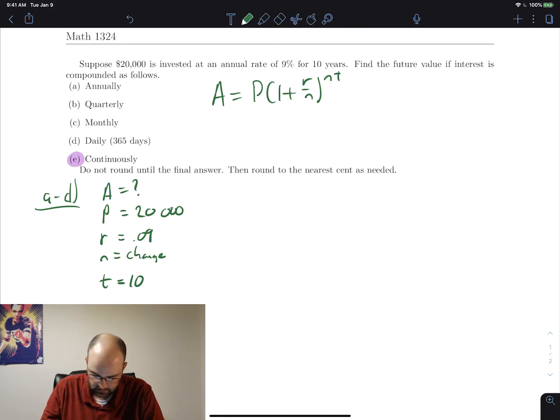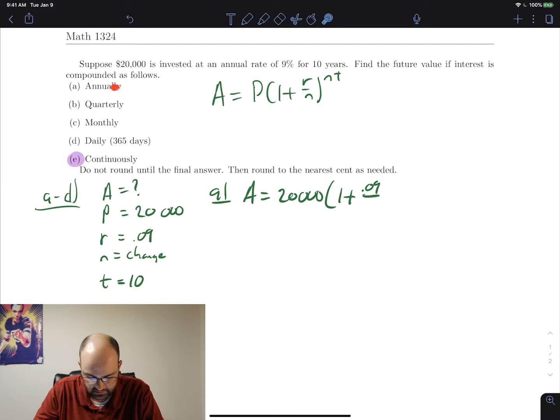Okay, so let's look at A. The future value is going to be 20,000 times 1 plus 0.09 over, and then N in this case, for this one, is annually, so N equals 1. So 0.09 over 1, all to the 1 times 10. And then we're just going to type that in.